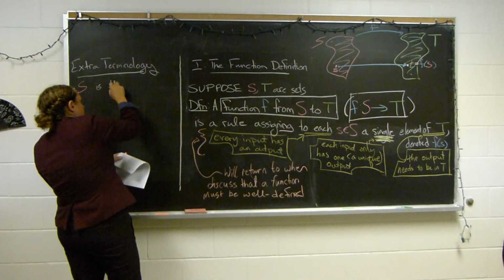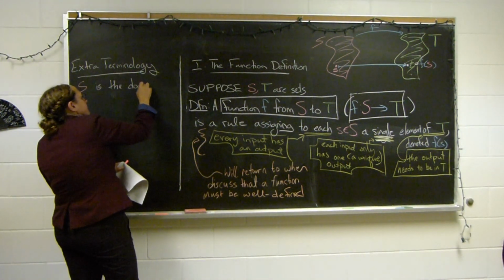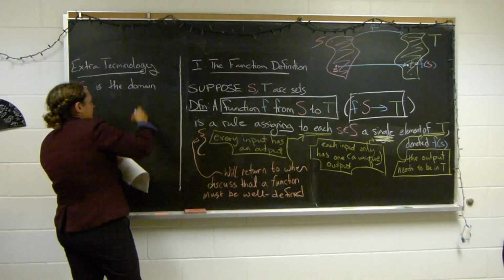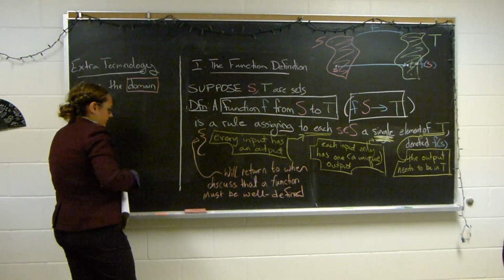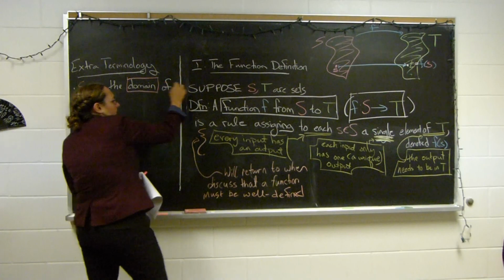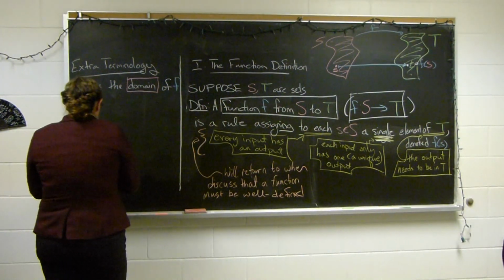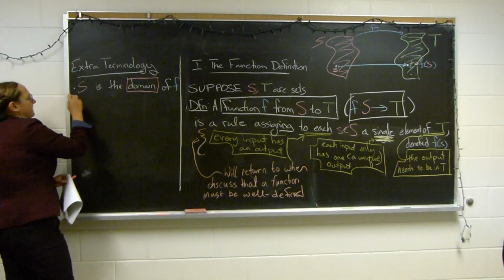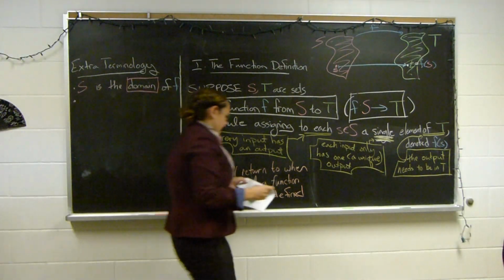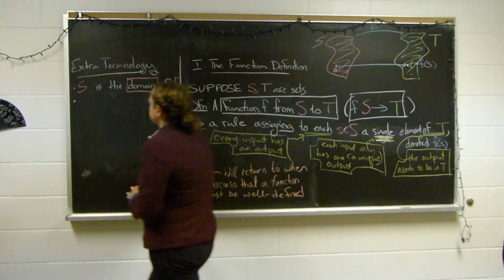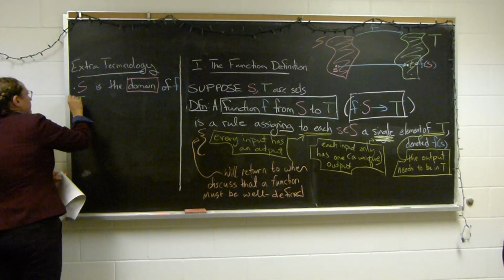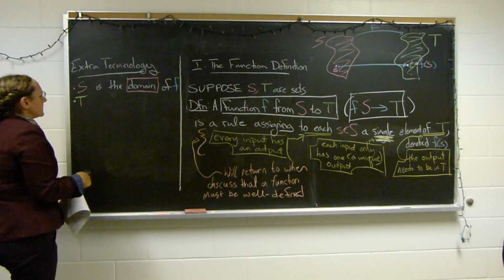This is what is called the domain of our function f. And then we have that T is called the codomain. Okay, so T is the codomain of f.